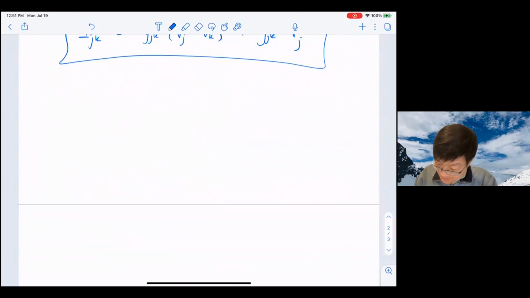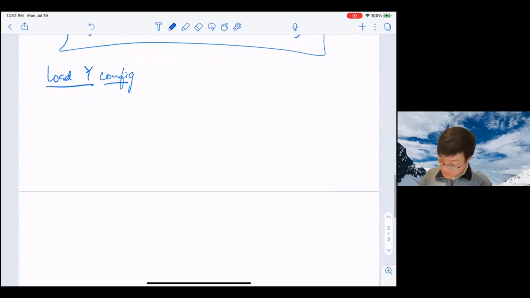Okay, let me just say the load, impedance load in Y configuration. Then again, you draw the diagram, you write down your Kirchhoff laws and all of that, you get a relationship that looks like this. So impedance load looks like this. You have a three-phase line, as we saw before, A, B, C, and then there is potentially a neutral, which is grounded. And then you have internally a Y configuration.